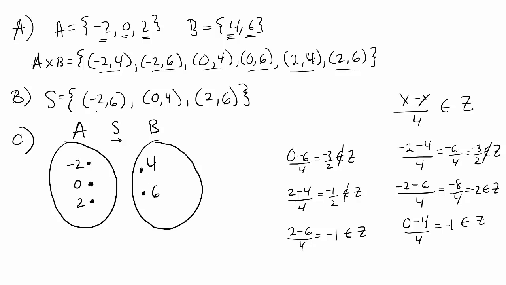And then we're going to draw an arrow for each of these ordered pairs in the relation S. So -2 goes to 6, 0 goes to 4, and 2 goes to 6. So we have 3 arrows representing those 3 ordered pairs.